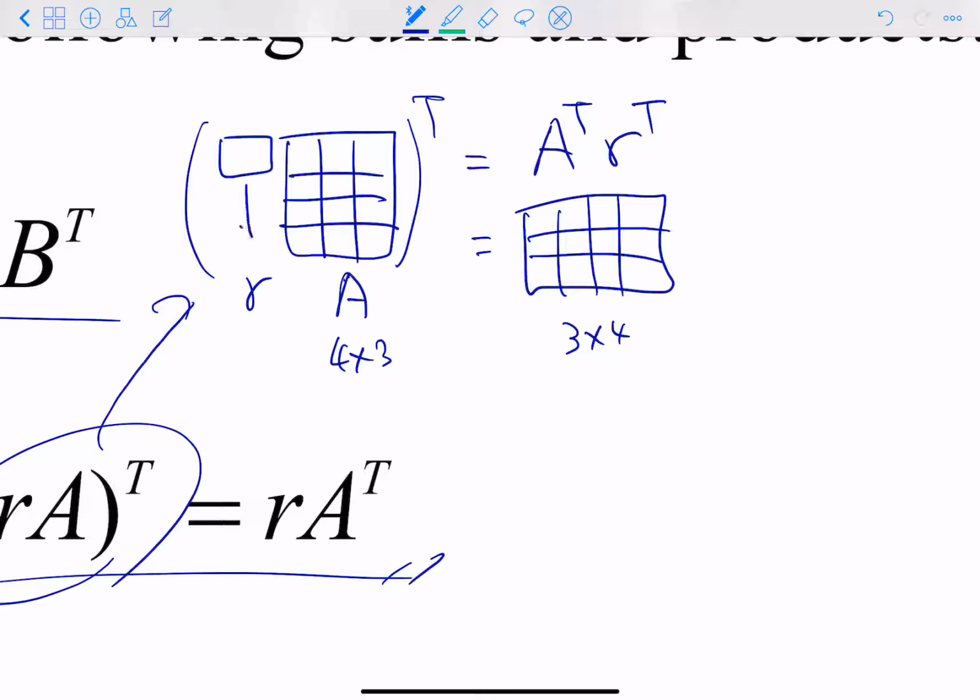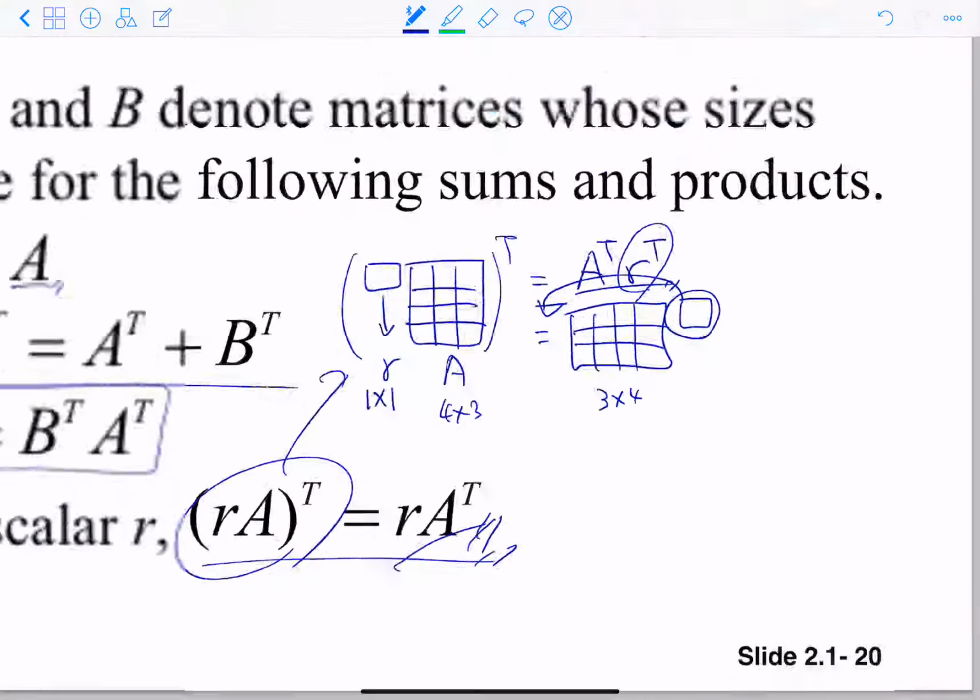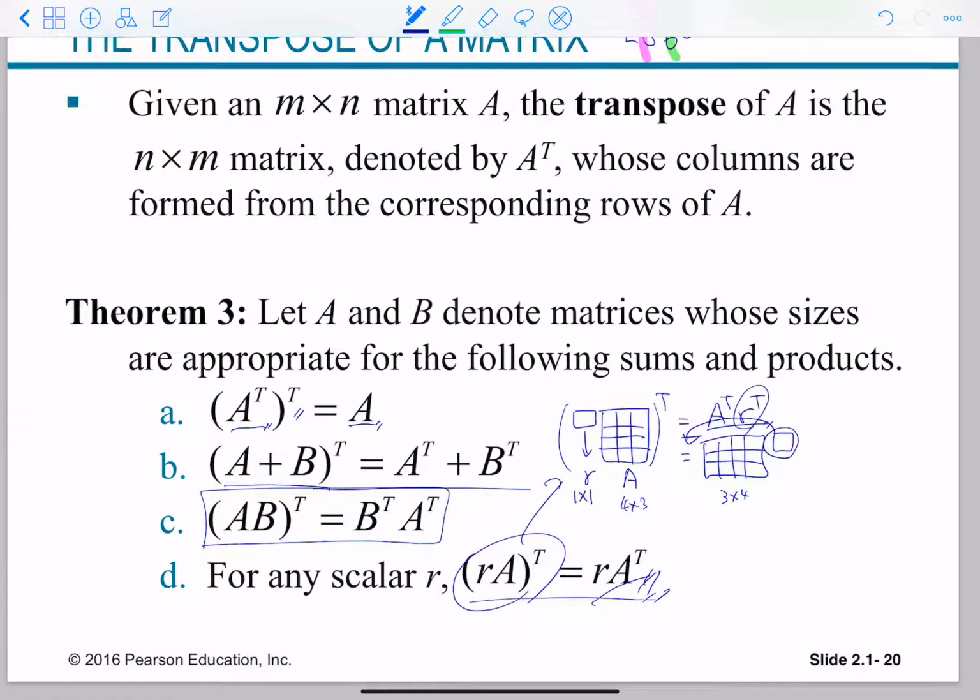Although this is a scalar, we can consider it as a 1 by 1 matrix, so applying the transpose of the product, we have to reverse the order, and r transpose, the transpose of the scalar, will just remain the scalar, right? And the scalar can be freely moved anywhere in this product, so we can freely move it to the left. So we can understand this relationship in this manner.